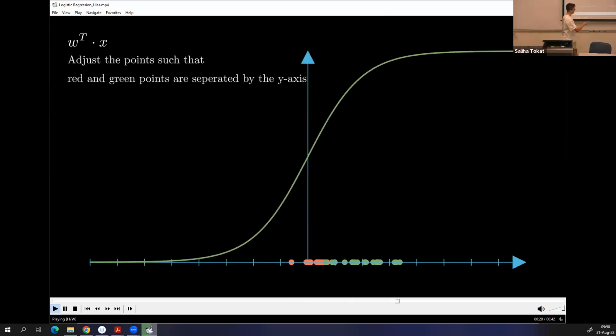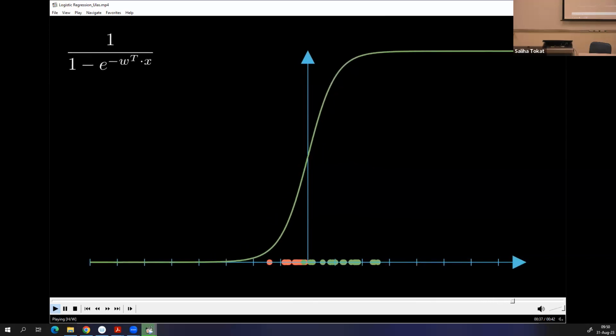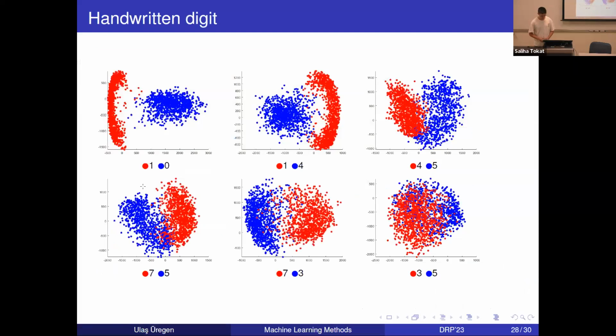The adjustments here are done by the gradient descent algorithm, and it will decide the sharpness. Okay, so as you remember the handwritten digits, if we train our logistic regression method with this training set, we will end up with these decision boundaries. The yellow and the green lines are decision boundaries. So it works very well, as you can see.